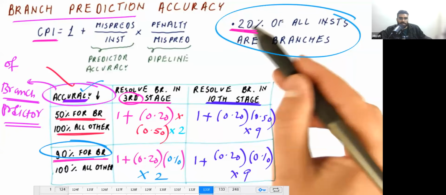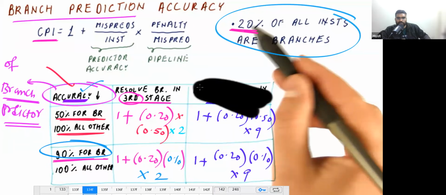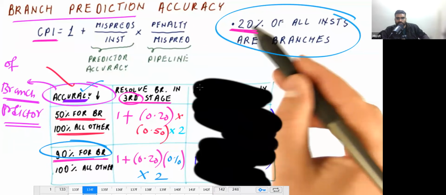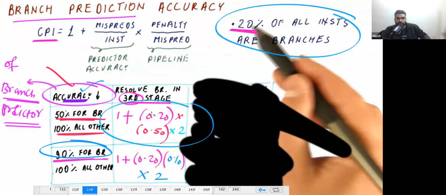Is this clear? Now let me ask you another question. In this, what is the speedup? Forget about this one. You tell me, what is the speedup if we go from here to here? First of all, which is better?